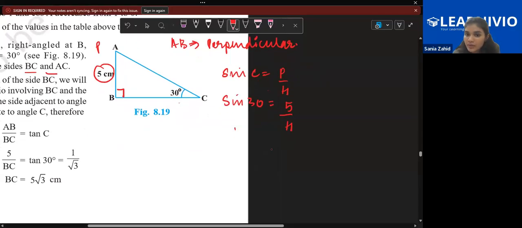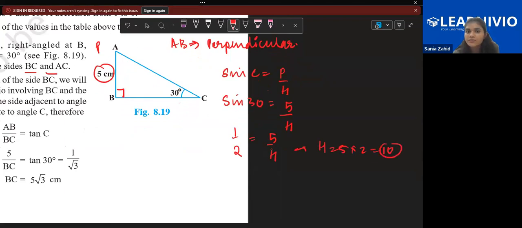So sine 30 is 5 centimeter divided by h. What is sine 30? 1 by 2. So 1 by 2 is 5 by h, and now h becomes 5 into 2. So h is 10 centimeter. They are telling you to find BC and AC. AC we found by sine.